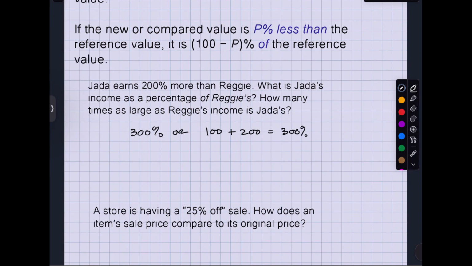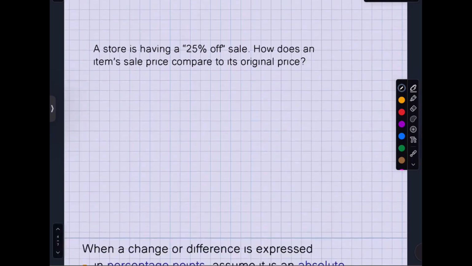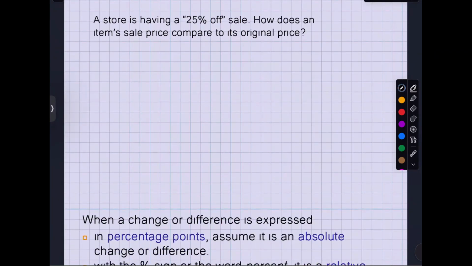So how many times larger is that? Oh, wait a minute. Look at that. Dang it. I gave that answer away, didn't I?